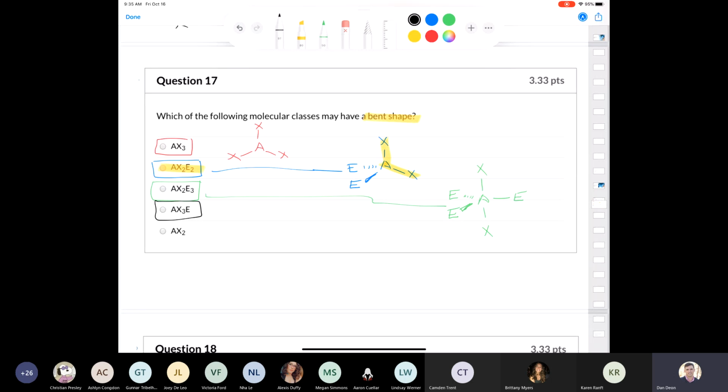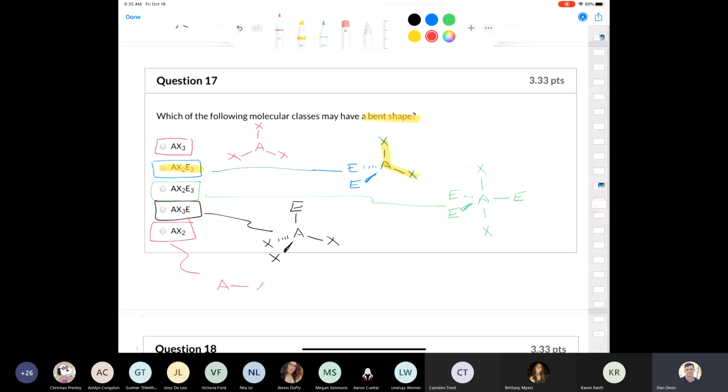This one is going to have a tetrahedral electron geometry because it has 4 regions of electron density. So we'll put the lone pair up here, an X down here, and another X in the back. Again, the electron geometry for this one is tetrahedral, but the molecular geometry is trigonal pyramidal. And then the last one, AX2, these two are going to get as far away from each other as possible.